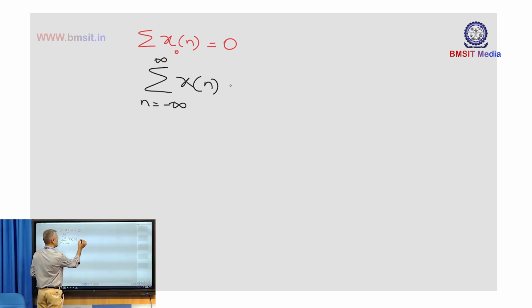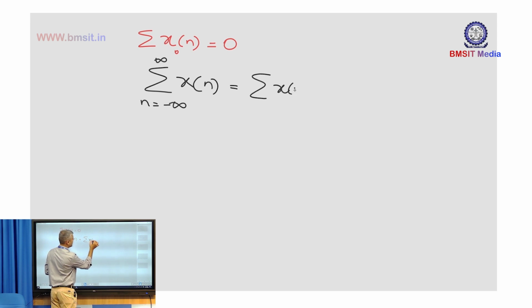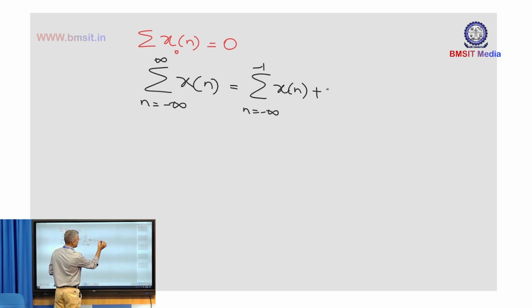This summation can be divided in 3 parts. In the first summation, I will consider x of n from n is equal to minus infinity to minus 1. Then I will consider one value, x of 0.